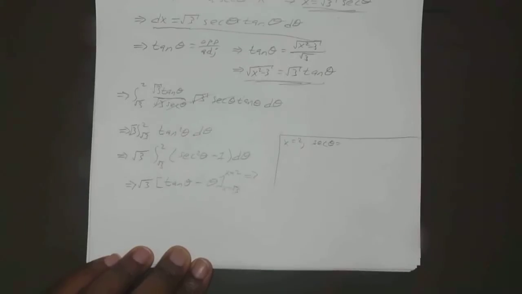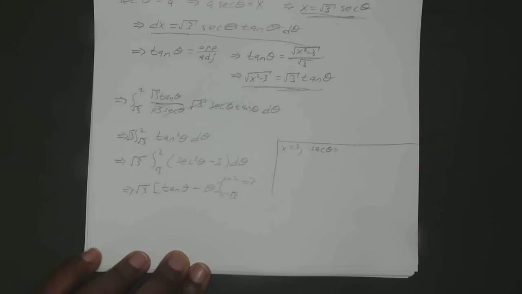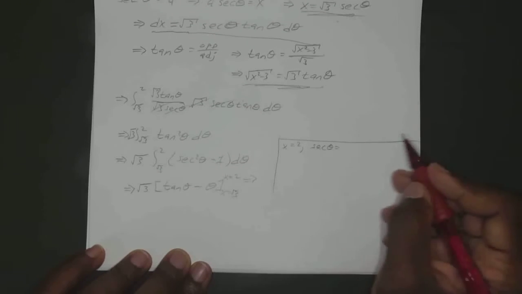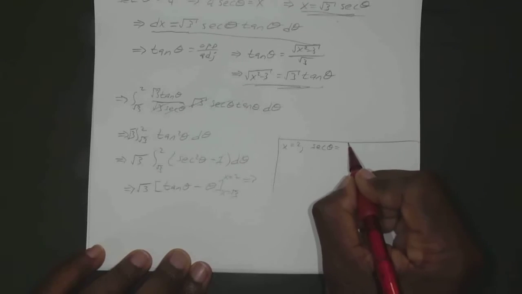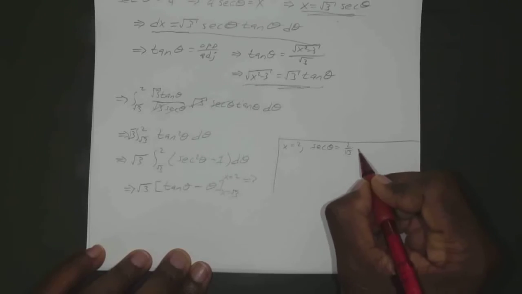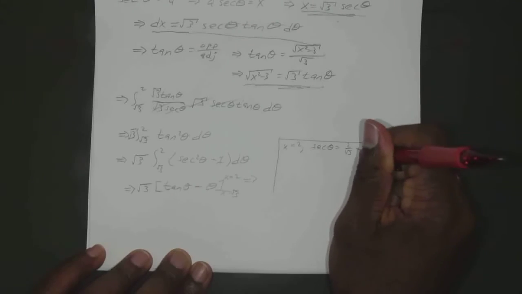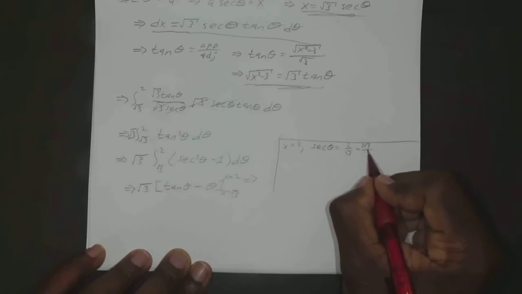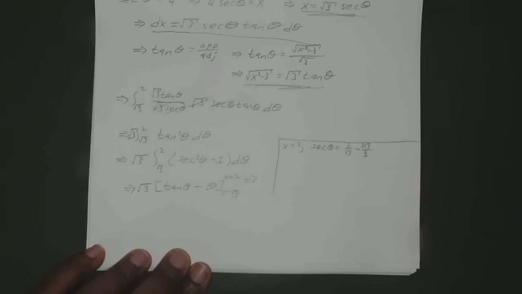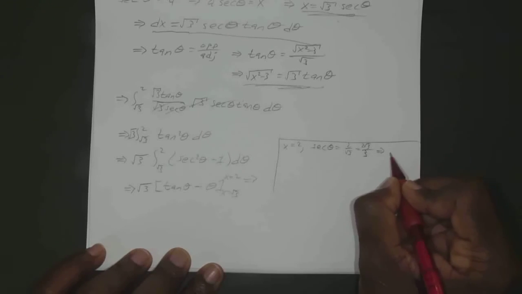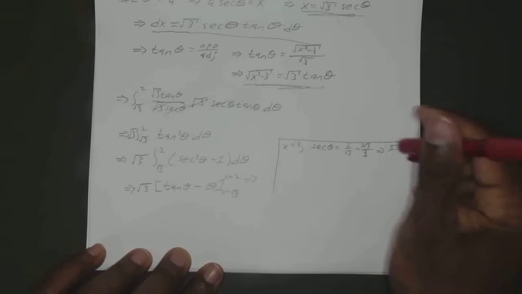You just divide both sides by square root of 3. So secant theta equals 2 over square root of 3, which is 2 square root of 3 over 3. And this is true when theta is equal to pi over 6.